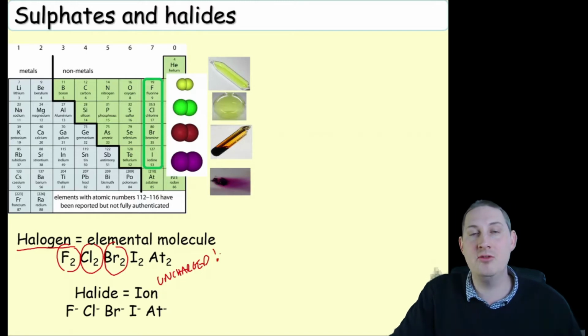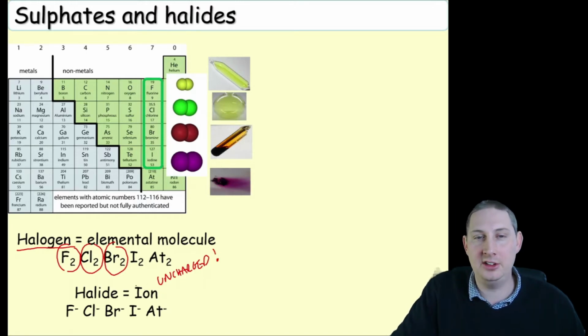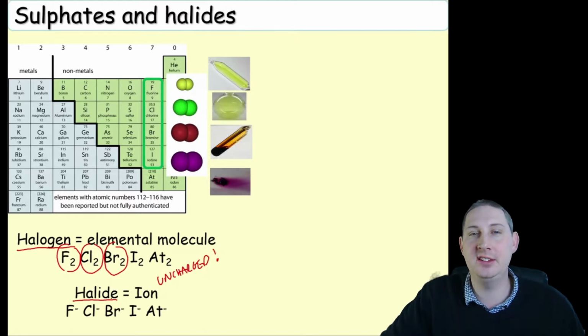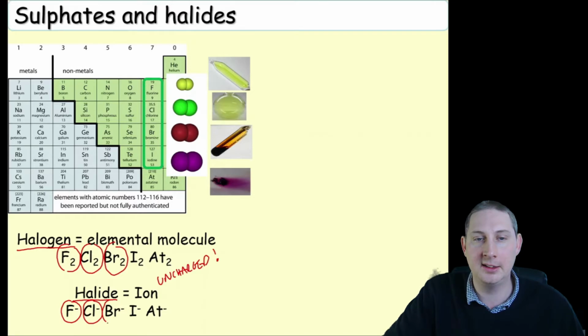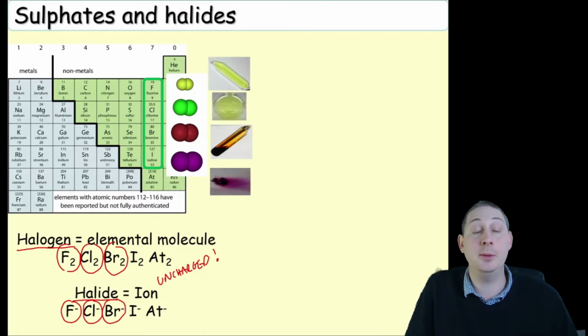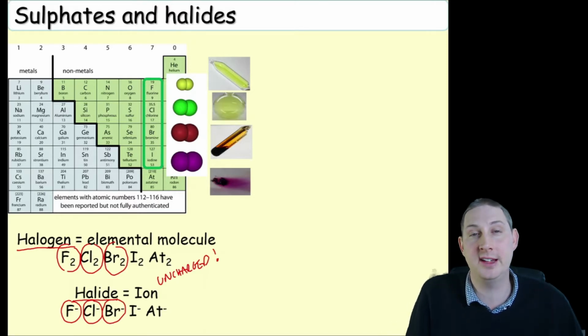However, when they react, the halogens form halides. These are the ions. These are not diatomic, they go round by themselves. So fluoride F-, chloride Cl-, bromide Br-. And some students, even up to A level, struggle with that distinction.